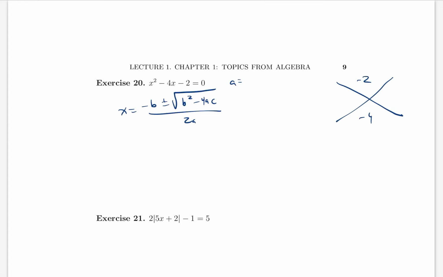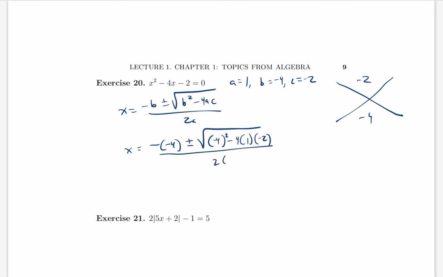So your coefficients are 1, -4, and -2. So if you substitute those values into the quadratic formula, you should get -4 plus minus the square root of -4 squared minus 4 times 1 times -2 all over 2 times 1.